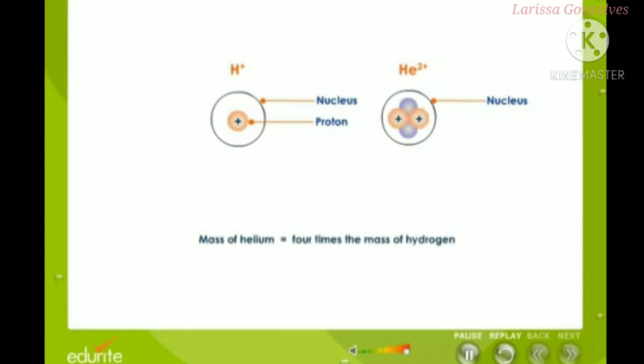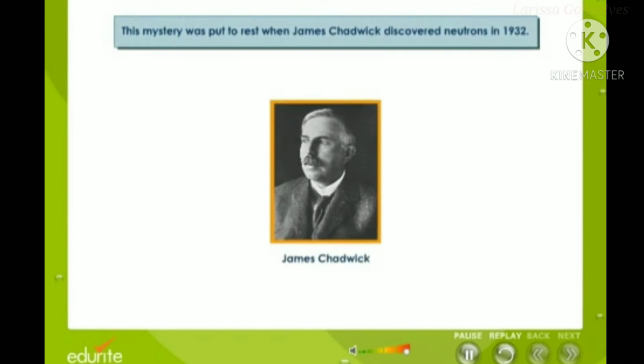However, it actually has 4 times the mass of hydrogen. This suggests that there is some other type of neutral particle present inside the nucleus along with the protons. This mystery was put to rest when James Chadwick discovered neutrons in 1932.